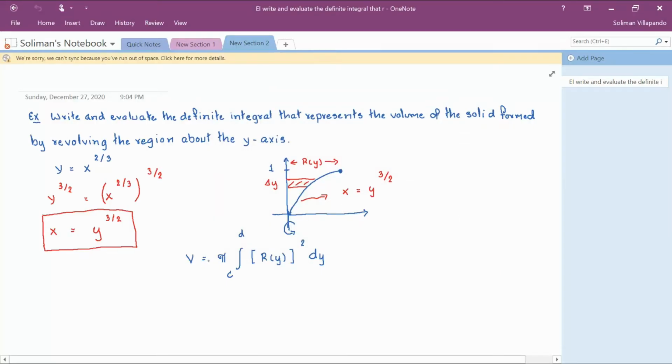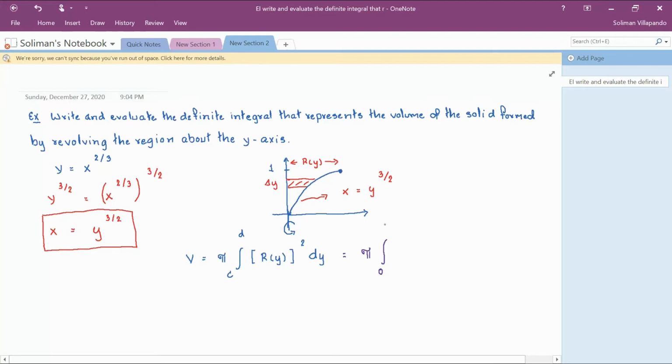So the formula is V equals pi times the integral from c to d of r squared dy. I'm going to rewrite this. Pi is pi, and you have an integral here. My c is 0 and my d is 1.